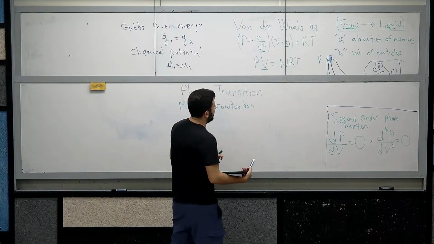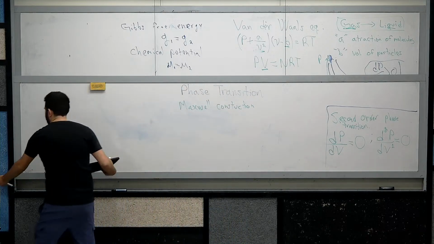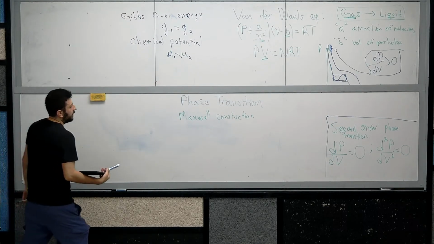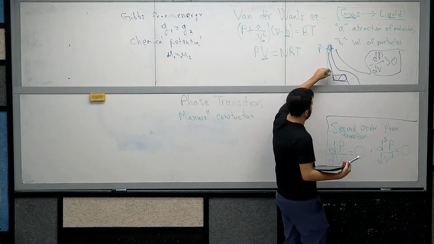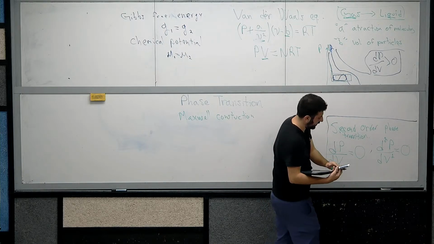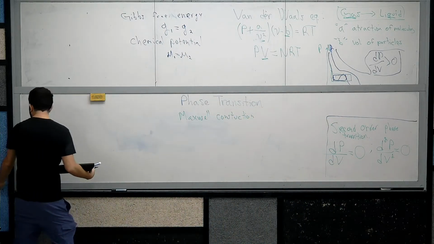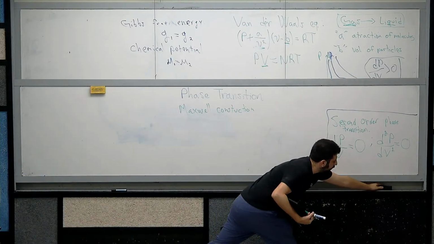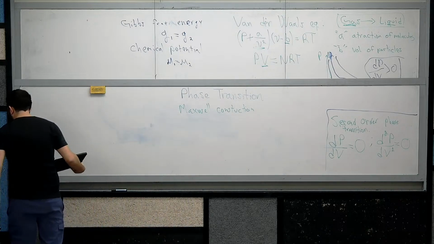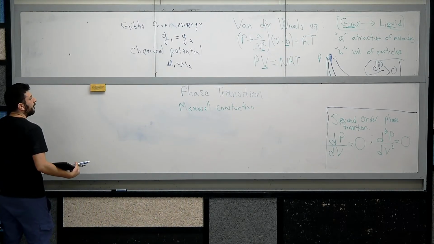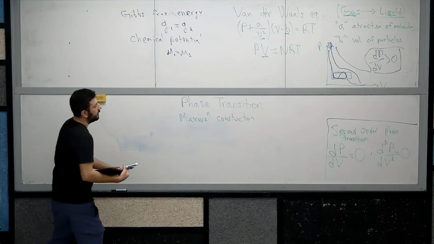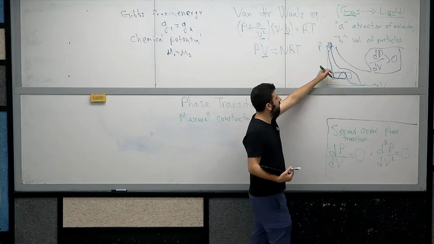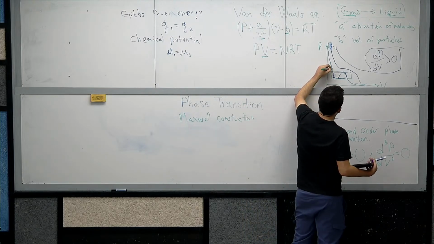It's saying, okay, in this region I cannot say anything. Here I cannot describe anything. My theory is very, very bad at describing what I see in experiments.